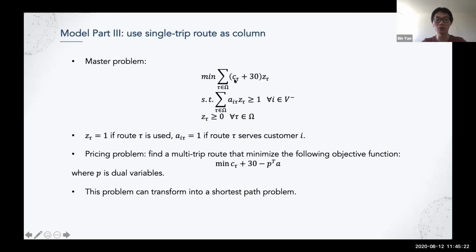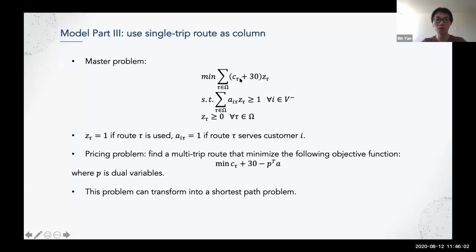C of tau is the total cost of running route tau plus the vehicle cost, so this is the cost of selecting route tau. We also set a variable z of tau that equals 1 if we select tau as active. A is the column we mentioned: A of i tau equals 1 if route tau serves customer i. This constraint means each customer needs to be covered by at least one route.